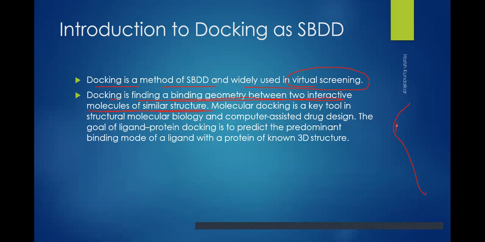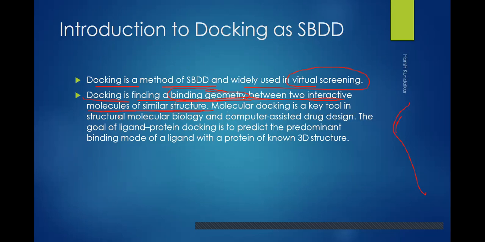Since the ligand is complementary in shape to the receptor, and complementary in charge with the active site of the receptor, this ligand is going to bind with a specific geometry to the receptor. It is this binding geometry that we need to find out, and hence docking is used. So docking is nothing but finding a binding geometry between two interactive molecules of similar structure.